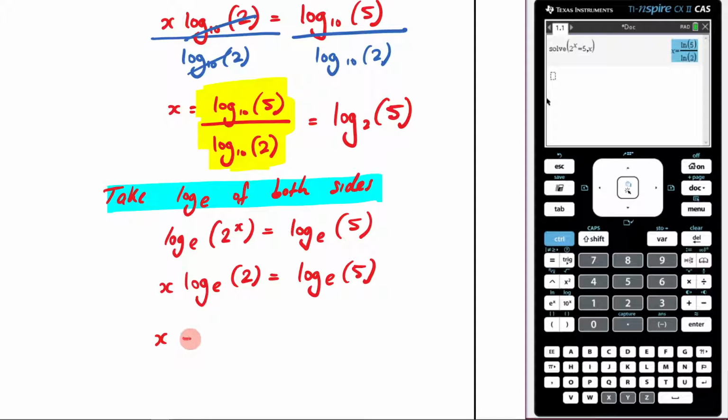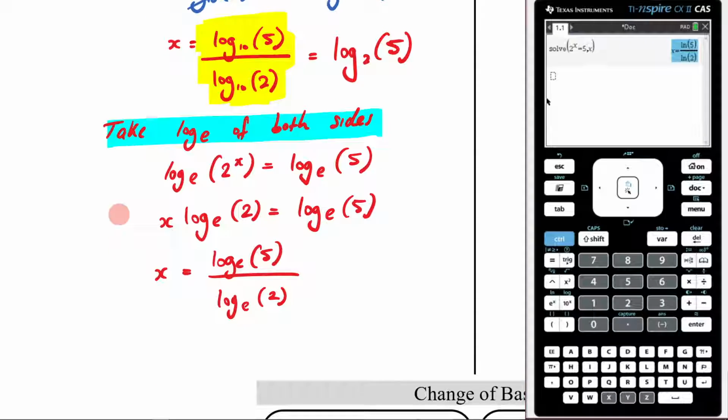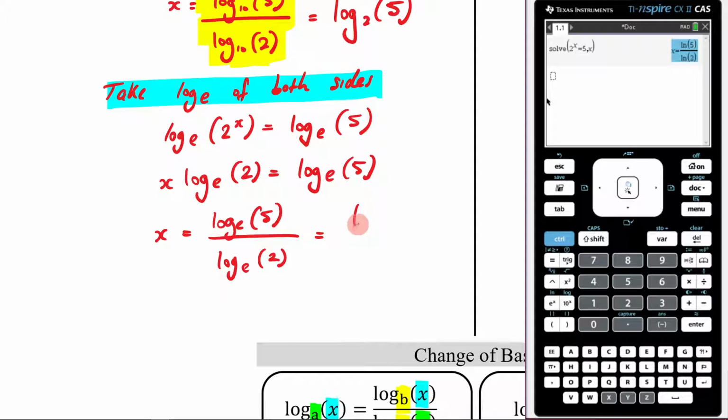That means x is going to be equal to, once I divide both sides by log base e of 2, log e of 5 over log e of 2. And that's it. This is the same thing as the natural log of 5 over the natural log of 2. The calculator just says ln, the natural log, instead of writing log to the base of e. But the same logic is being applied there.